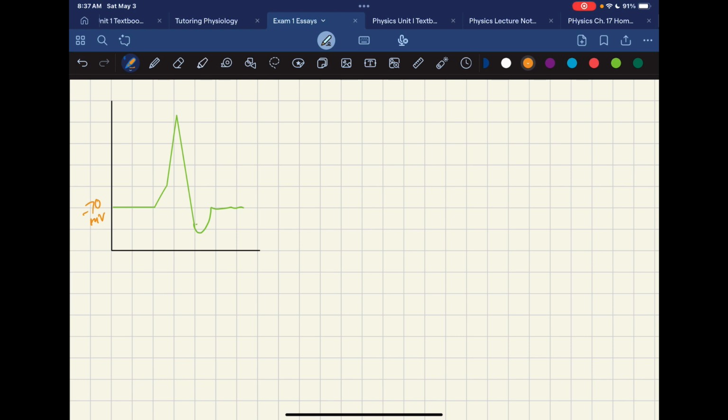Negative 70 is a huge number. We know this because in the cell, there is a bigger concentration of K than outside of the cell. And due to this bigger concentration of K, the concentration of sodium outside the cell is larger.